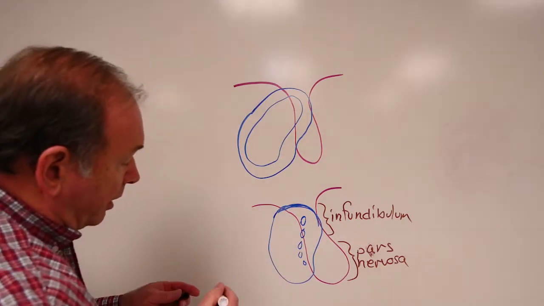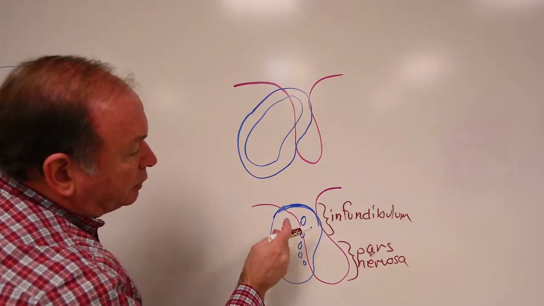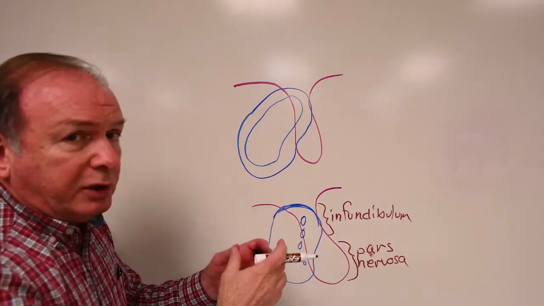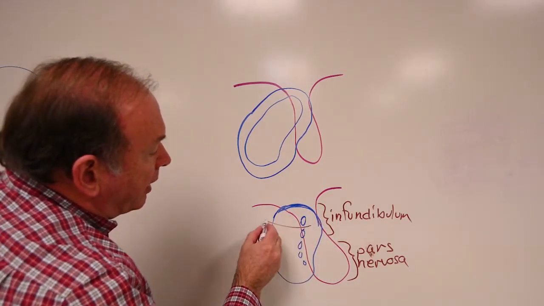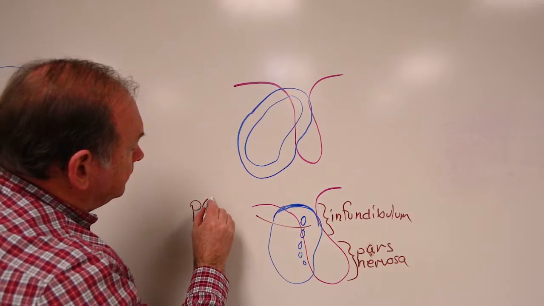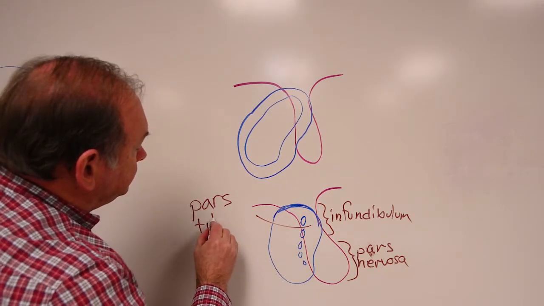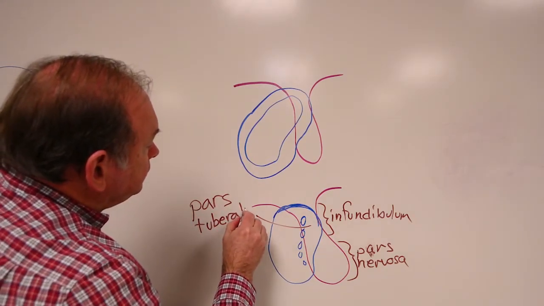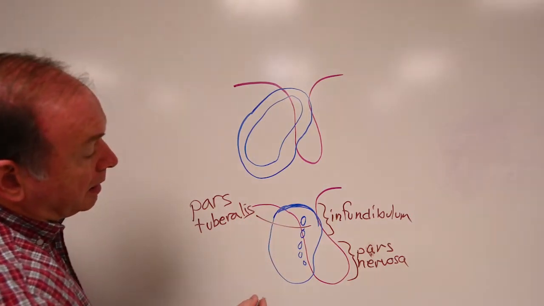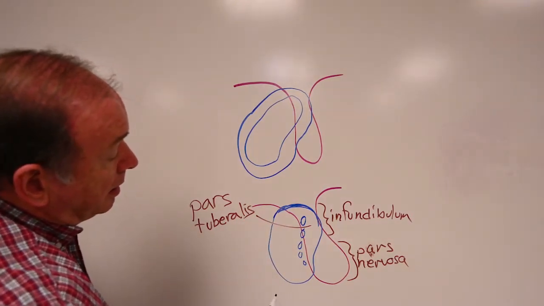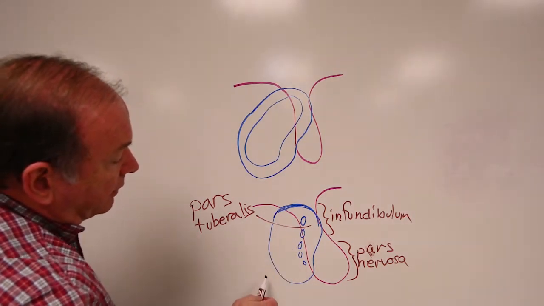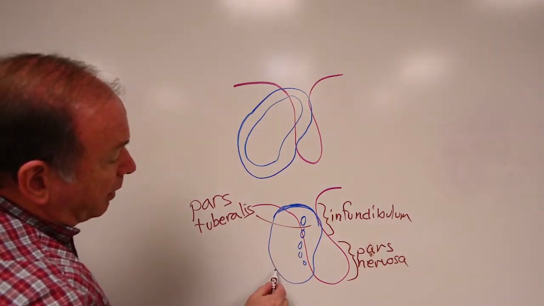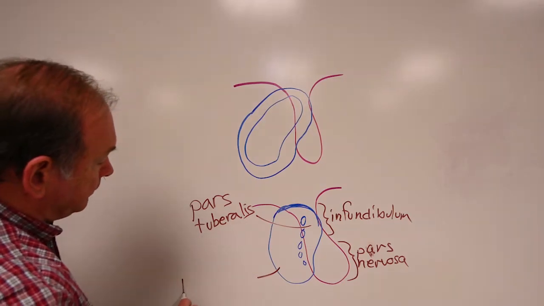The anterior part here includes a part that forms essentially a tube around the infundibulum. It's referred to as the pars tuberalis. The section out here to the front is referred to as the pars distalis.